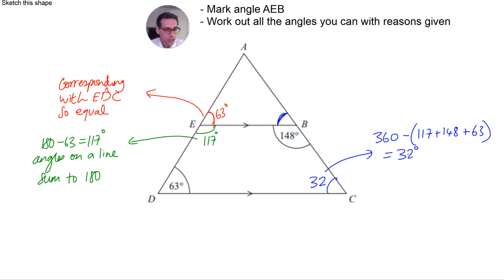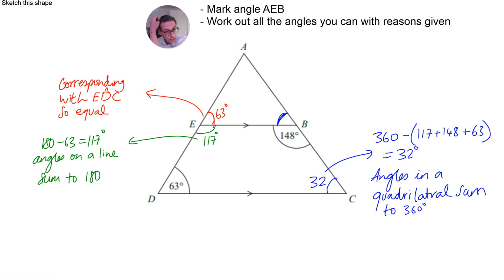So we need to give a reason for what we've just done here. So we need to write angles in a quadrilateral sum to 360 degrees. And then we're going to look at this one up here.